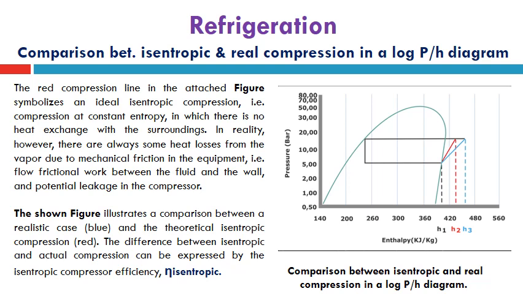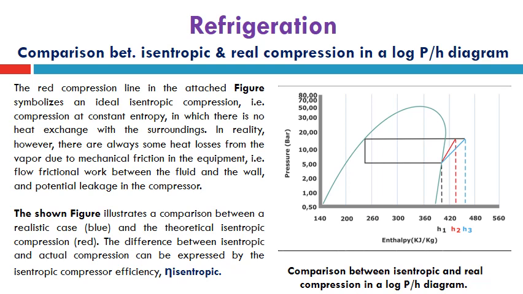The red compression line in the attached figure represents an ideal isentropic compression at constant entropy in which there is no heat exchange with the surrounding. In reality, however, there are always some heat losses from the vapor due to the mechanical friction in the equipment, flow frictional work between the fluid and the wall, and potential leakage in the compressor.